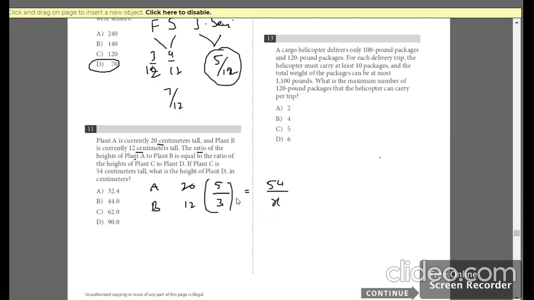Upon cross multiplying, since we have two fractions, 5x is equal to 54 times 3, 4 12, 3 5s are 15, 16, x equals 162/5. So 5 3s are 15, 5 2s are 10, that is 32.4. We know that it's our answer.